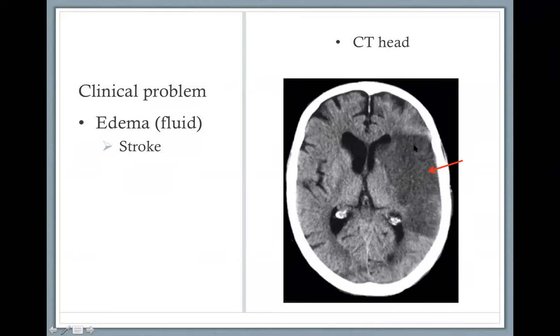So you are no longer able to see the gray and the white matter separated, unlike vasogenic edema, where you still see differentiation between the gray and the white matter. So this is cytotoxic edema, usually with an element of vasogenic edema, but the major component is cytotoxic.